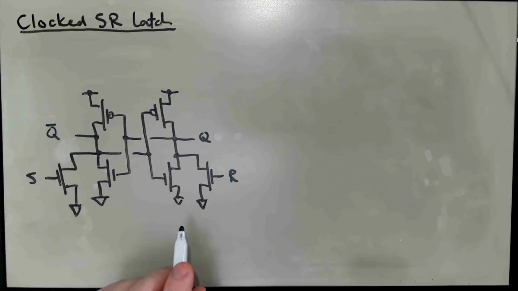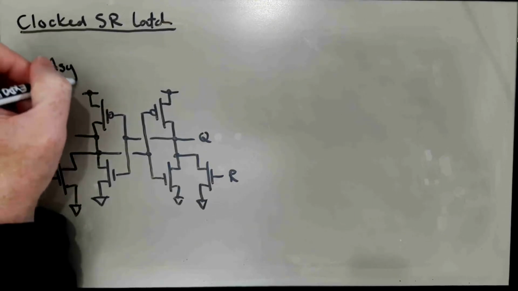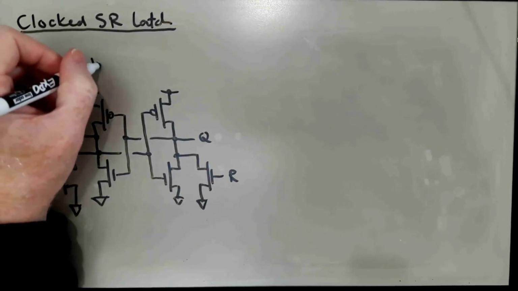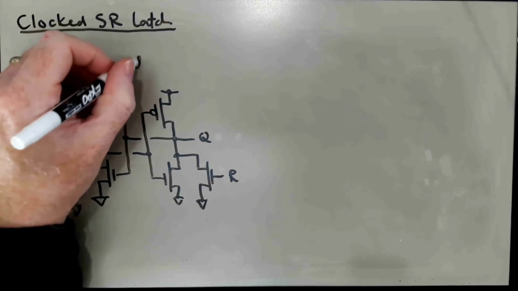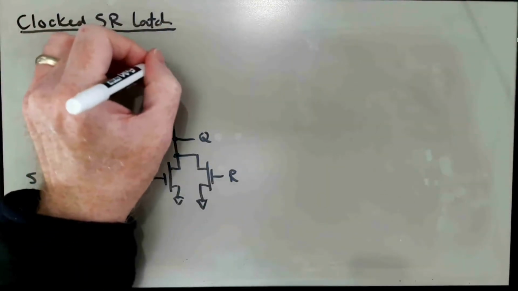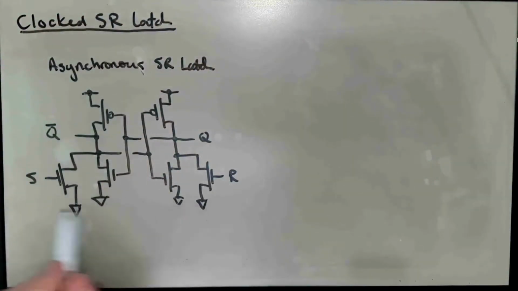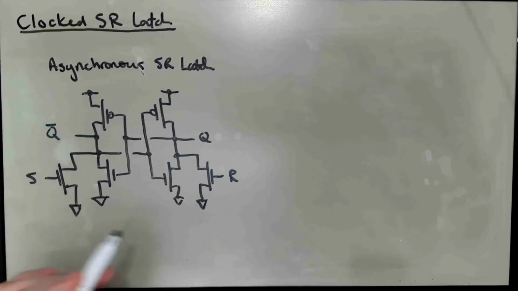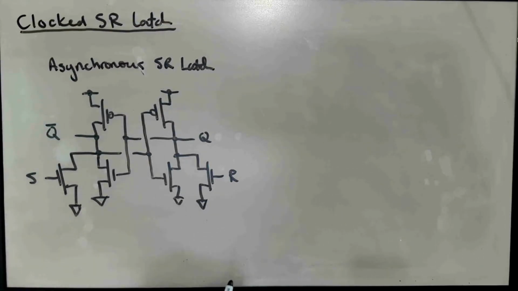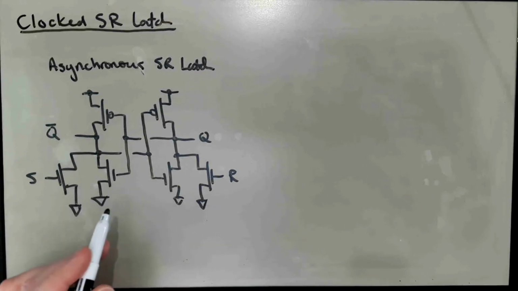And this is called an asynchronous SR latch, because these S and R signals can be asserted at any time. They don't have to be asserted only at certain times. There is no clock signal here that's orchestrating or sequencing things.